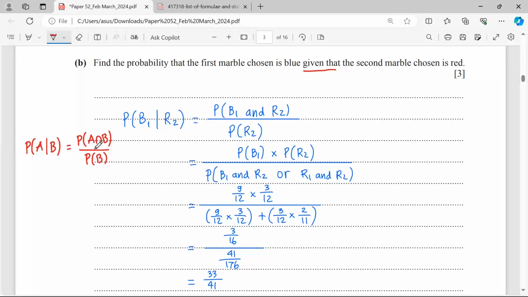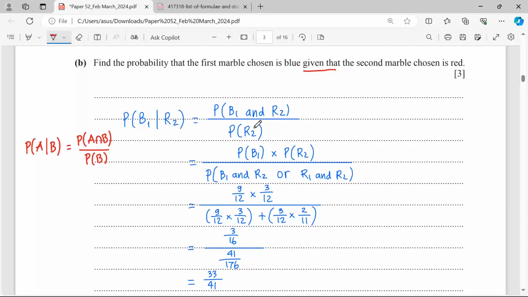Based on the formula of conditional probability, the probability of getting a blue marble first, given that the second marble is red, is given by probability of B1 and R2 divided by probability of R2. Now for probability of B1 and R2, that means it is just probability of B1 multiplied by probability of R2. Remember, 'and' means multiply. So the second marble is red.